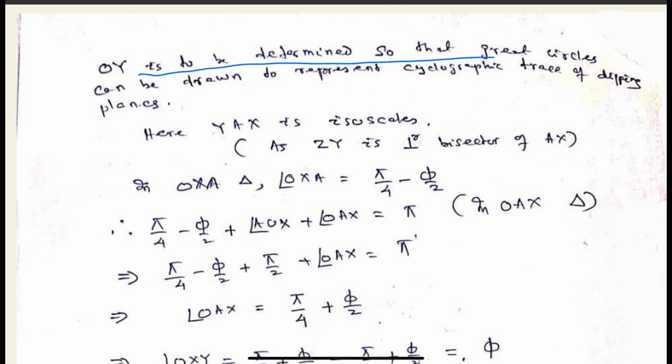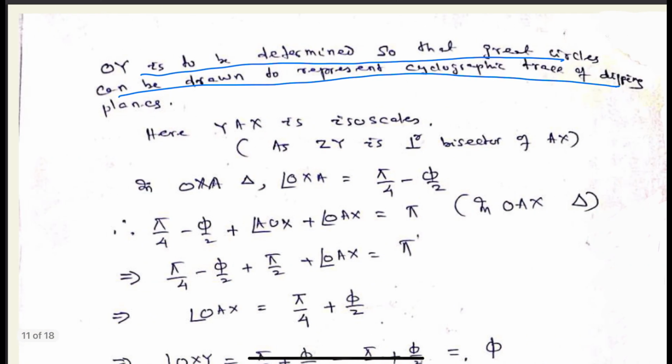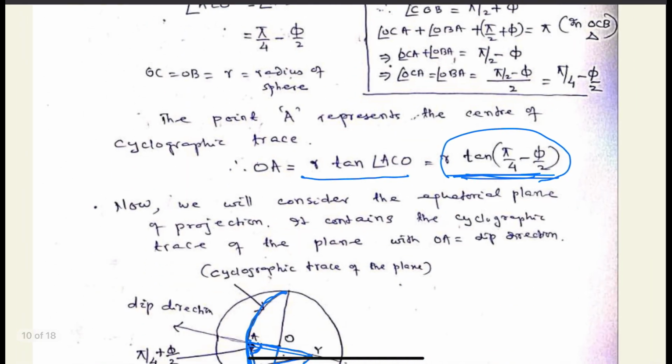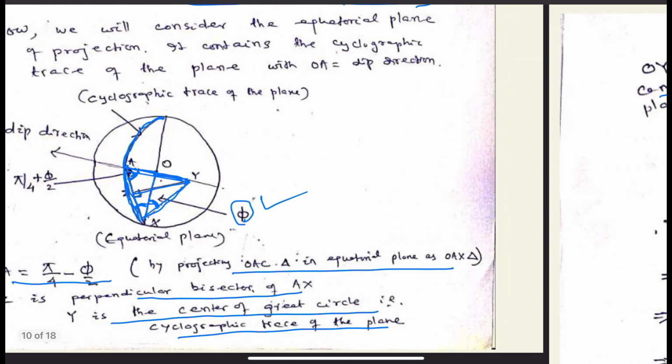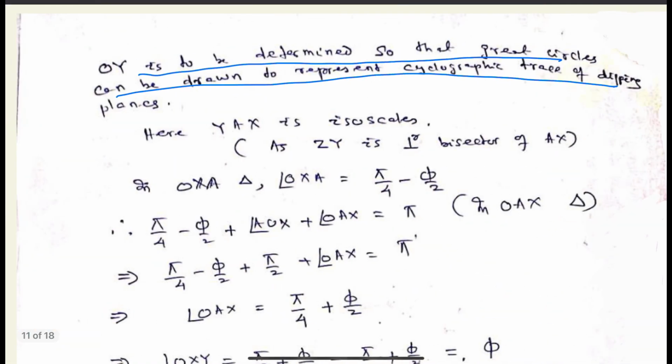Now we are solving this. The center of the great circle is found at Y. So how can we get the OY distance in terms of these angles? By construction, this angle is found to be equal to phi, which is the dip angle.